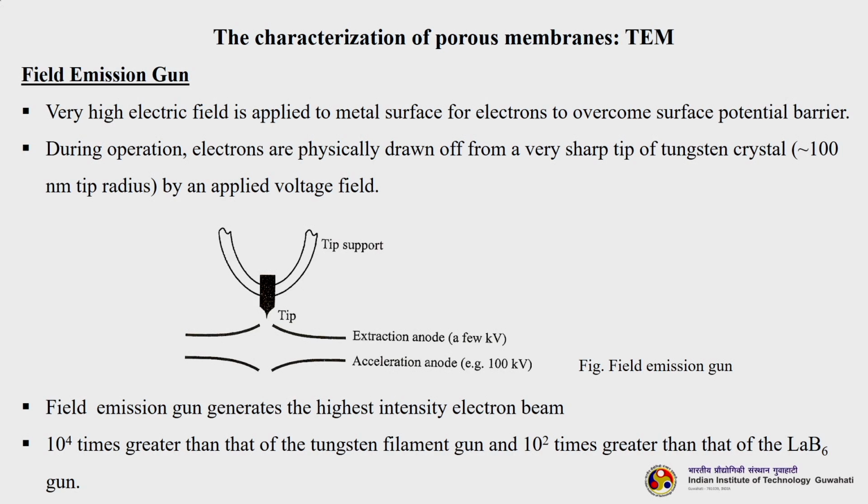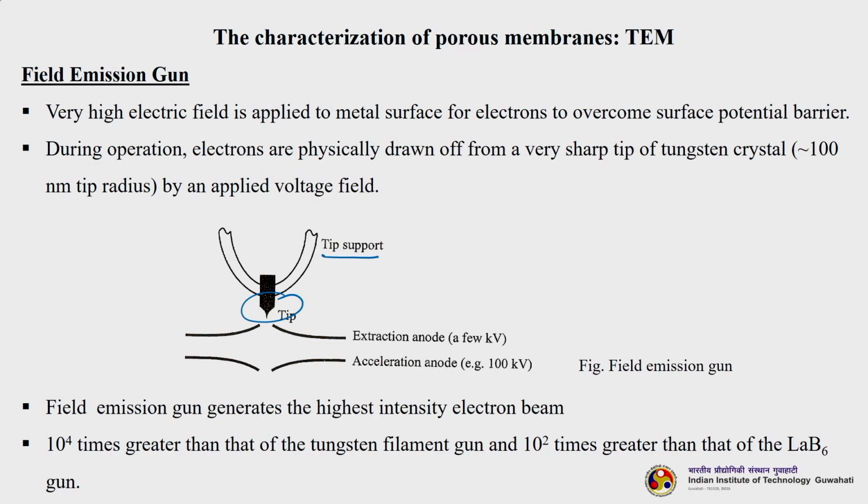During operation electrons are physically drawn from a very sharp tip of a tungsten crystal. You can see this is the tip of a tungsten crystal, and this is the support of the tip. The tip radius is almost 100 nanometers under an applied voltage field.